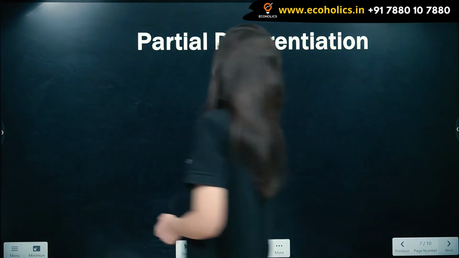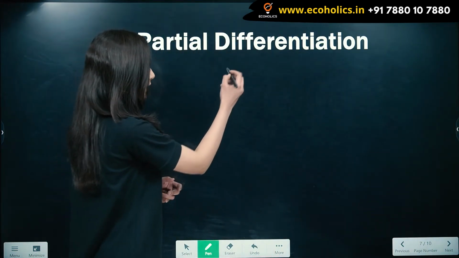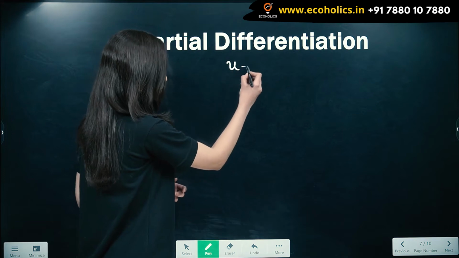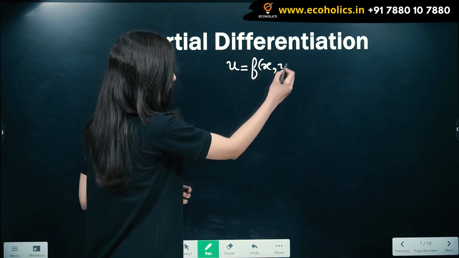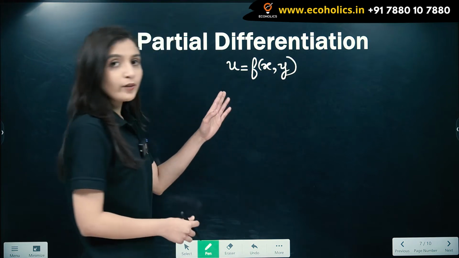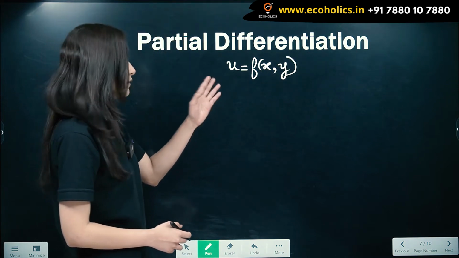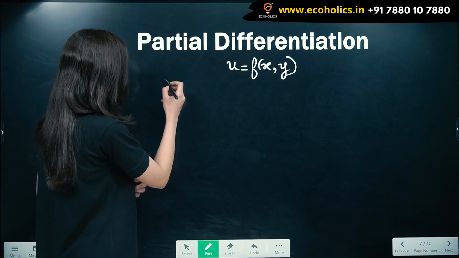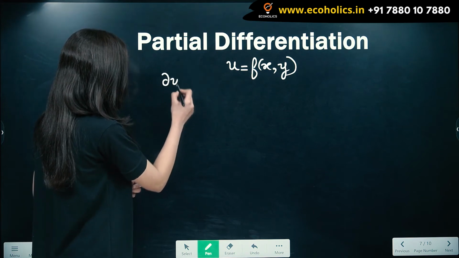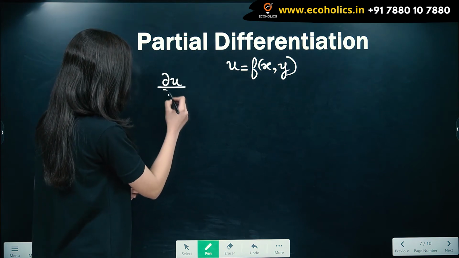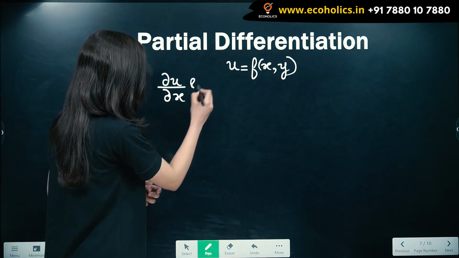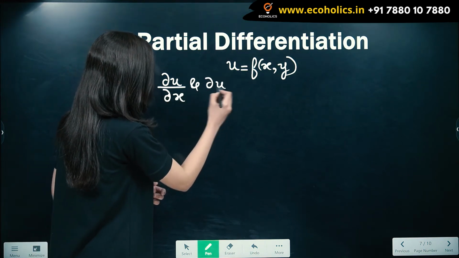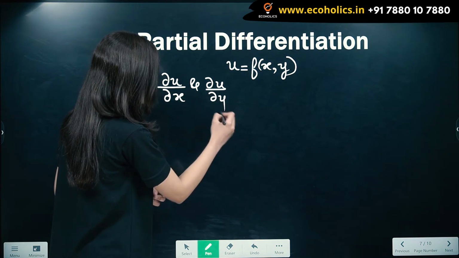Now, partial differentiation. Let's say we have u, which is a function of x and y. What do we understand by partial derivatives in this case? Partial derivatives here are ∂u/∂x and ∂u/∂y.